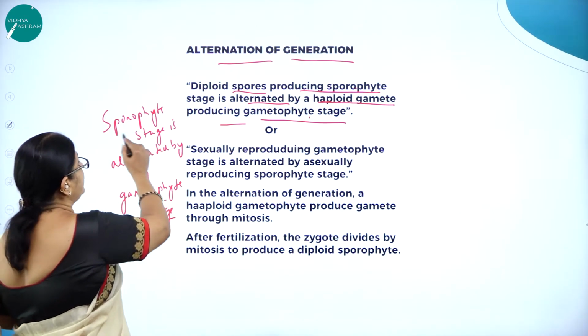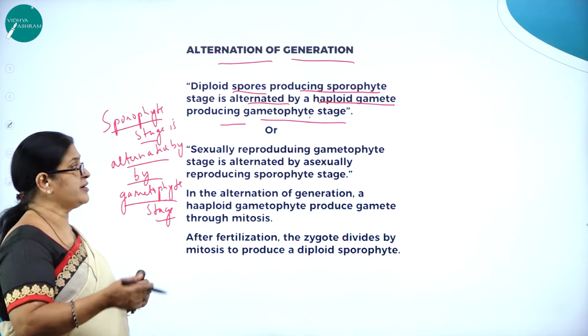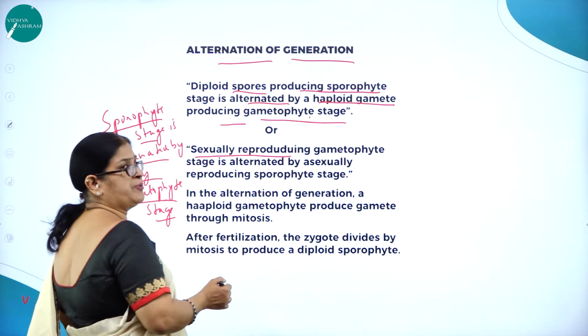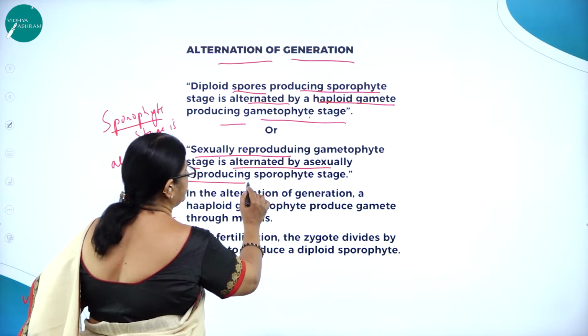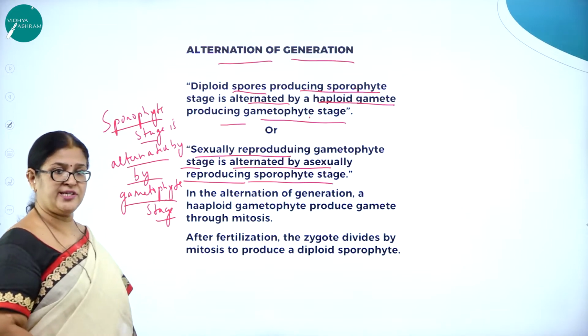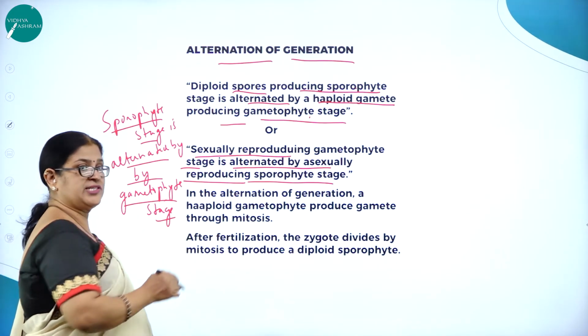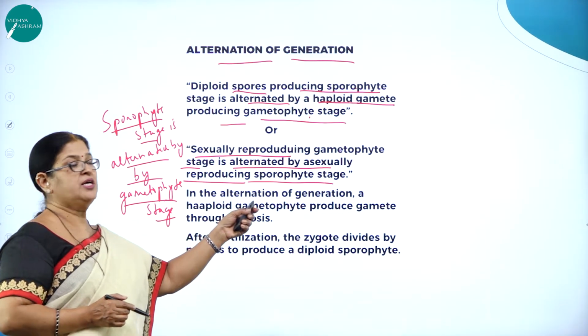So the sporophyte stage is alternated by the gametophyte stage. It is called alternation of generation. Or we can also say that the sexually reproducing gametophyte stage is alternated by the asexually reproducing sporophyte stage.